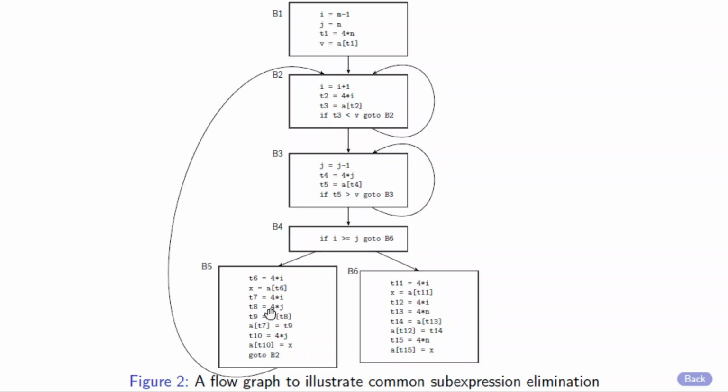Similarly, T8 and T10 both compute the same expression 4 star j. That means you have common sub-expressions here. You can eliminate them. So the idea is to use T6 instead of T7 and T8 instead of T10. That is what we are going to do now.